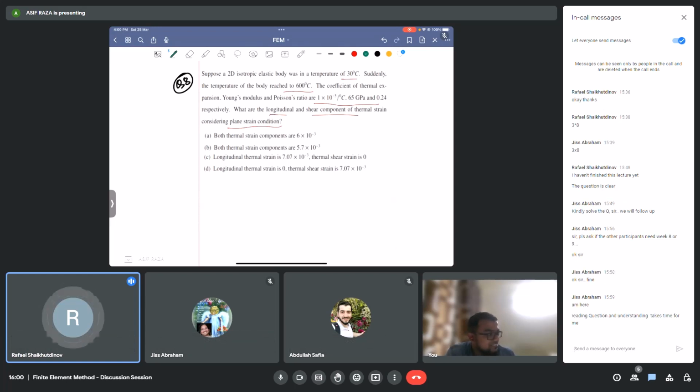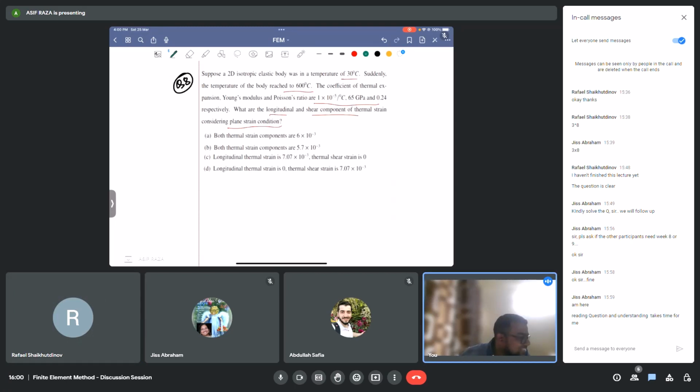Rafael, just multiply this coefficient by Young's modulus, I think. As you have already said, the thermal shear component would be 0, so shear strain is 0. Seeing that answer, option C would be the best answer.